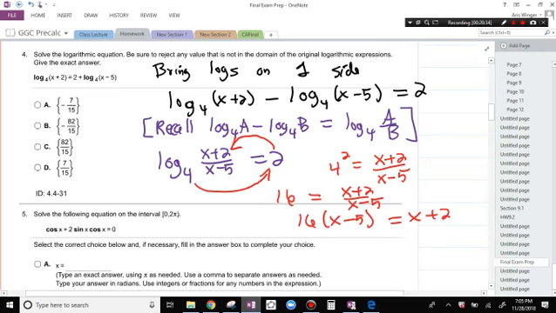We'll distribute the 16: 16x minus 80 equals x plus 2. Add 80, subtract x. So 15x equals 82. X is 82 over 15.